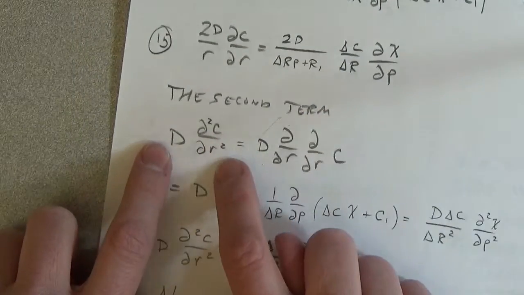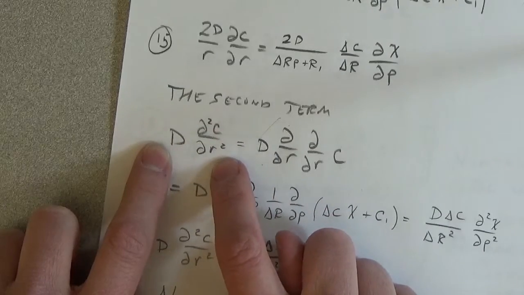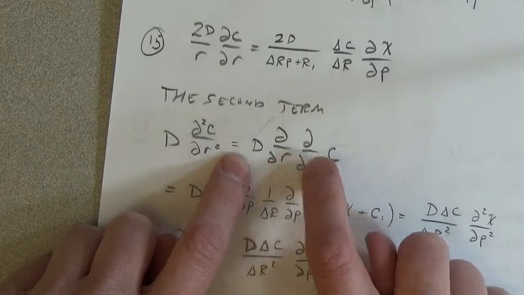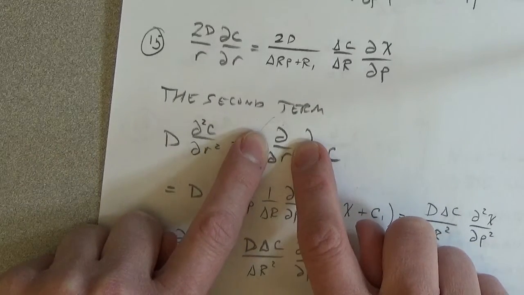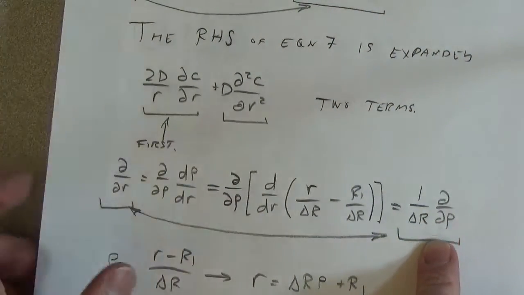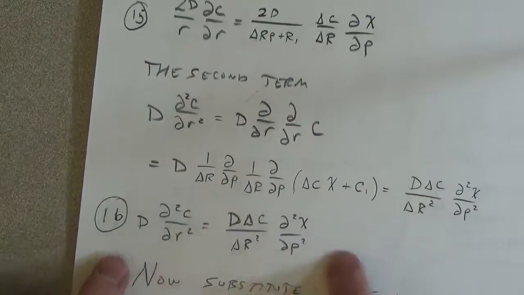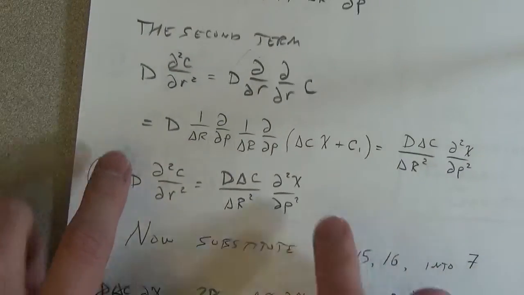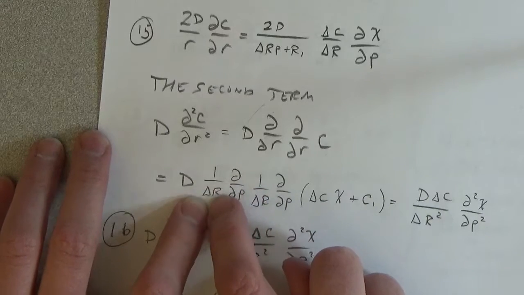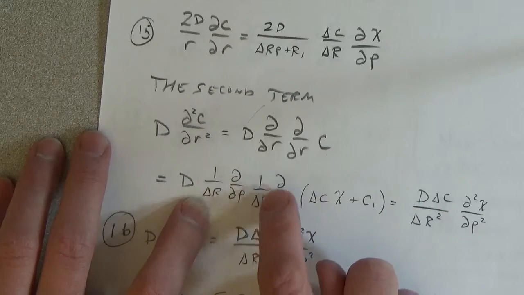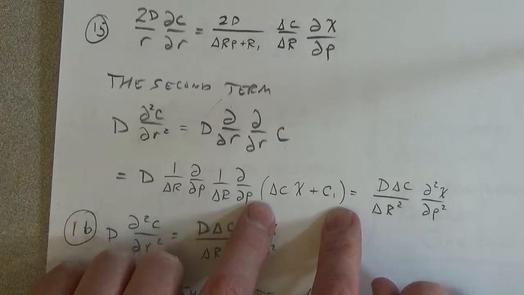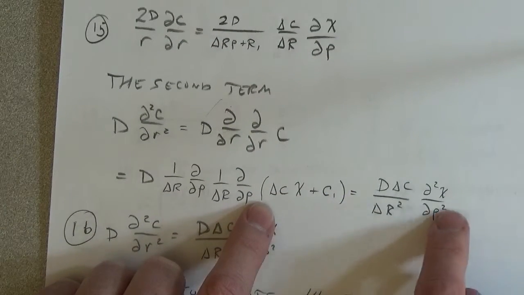And then the second term is d times the second derivative of concentration with respect to position, which can be written like this. Because we already have an expression for the first derivative right here, we can write this as d, 1 over delta r d by d rho, 1 over delta r d by d rho, and then multiply by the concentration, and that gives you this.